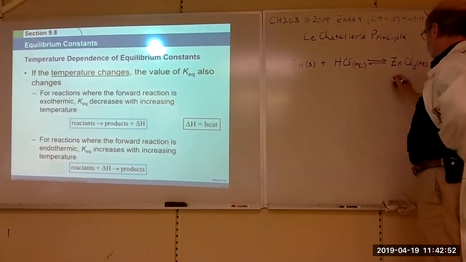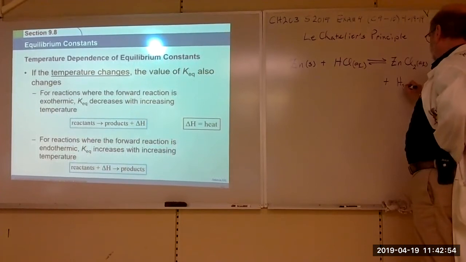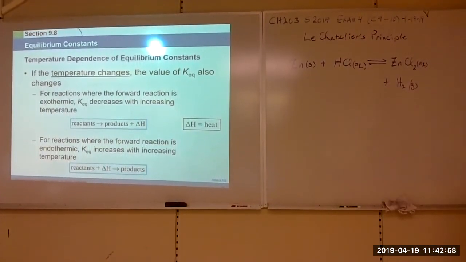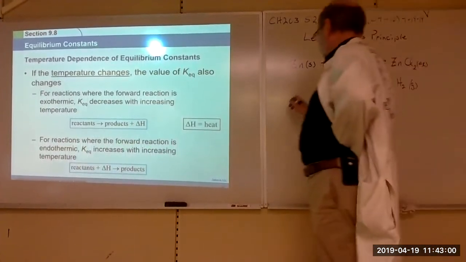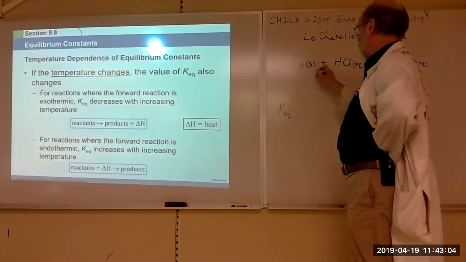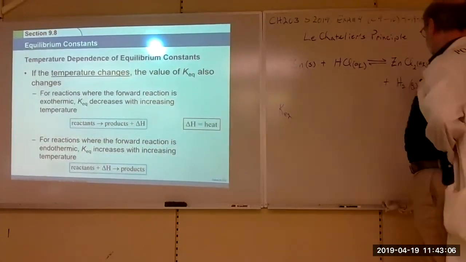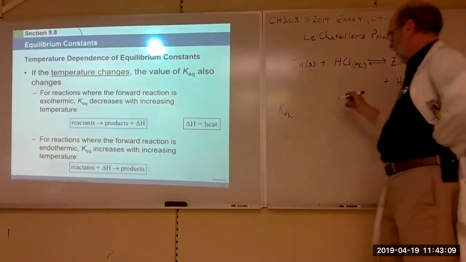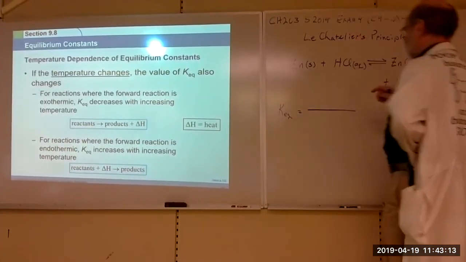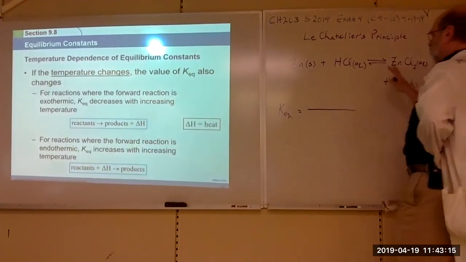I ran out of room, so come down here. And hydrogen gas. Okay. The equilibrium expression for that would be, don't use that one, that's a solid. But this is a gas, and those are two aqueous. So we can put those in here as, let's see, I need to balance it first, excuse me.